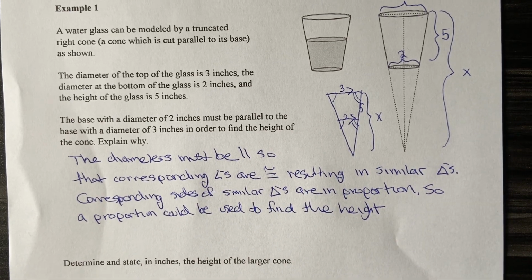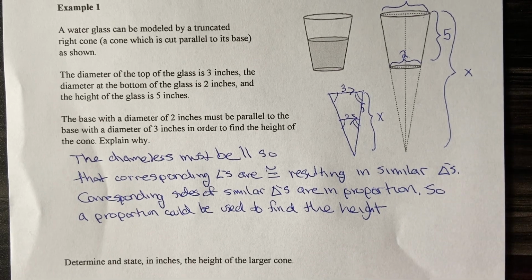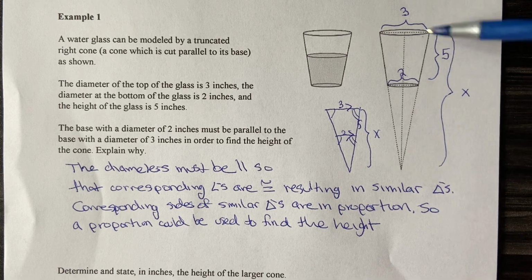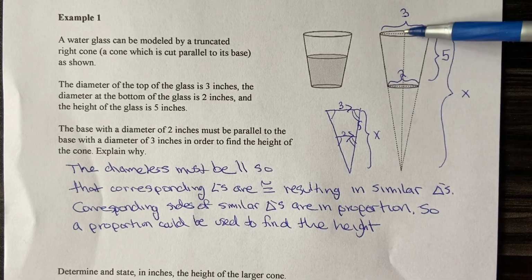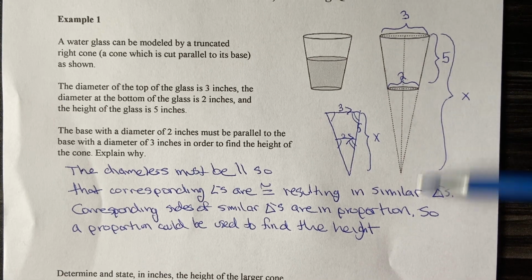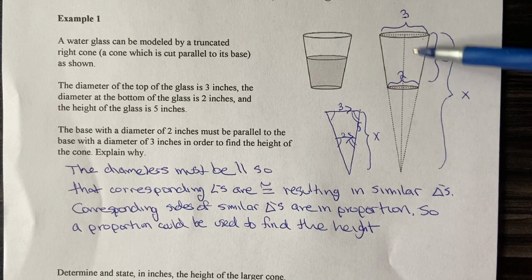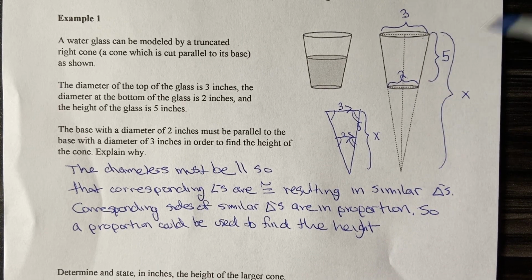Okay, so now let's actually try finding the height. I know they're not actually giving you the sides. They're giving you this length right here, like this is 5, and they're asking for the whole height of the whole thing. It doesn't matter whether we write them along the side or like this. It's giving us a proportion of side lengths within the triangles, so they're all in the same proportion.